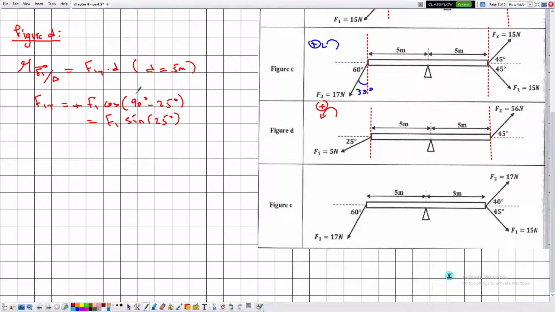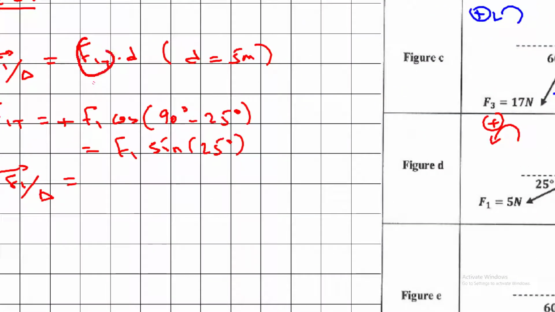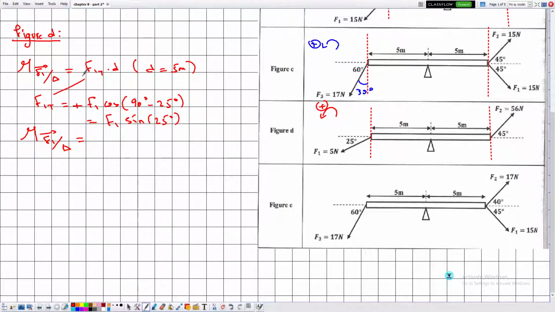So the moment of the force F1 around the axis delta is given by this, multiplied by D. The value of F1 is given by 5, so this is 5 sine 25 multiplied by the value of D, which is 5.